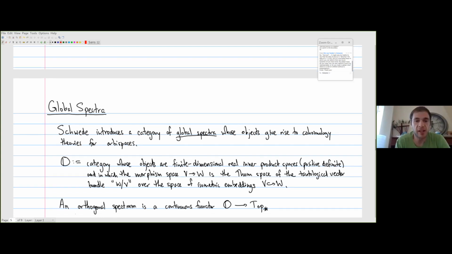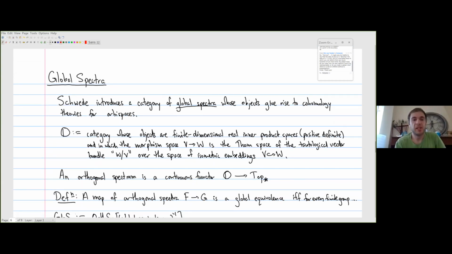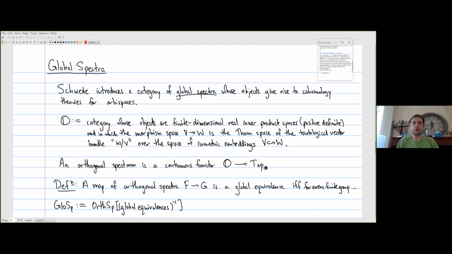There's a notion of when a map of orthogonal spectra is a global equivalence. I will not give that definition, but the localization of orthogonal spectra at global equivalences is this category of global spectra. And there's a model category structure on orthogonal spectra called the global model structure, in which global equivalences are the weak equivalences. So you do have an effective way of understanding this localization.